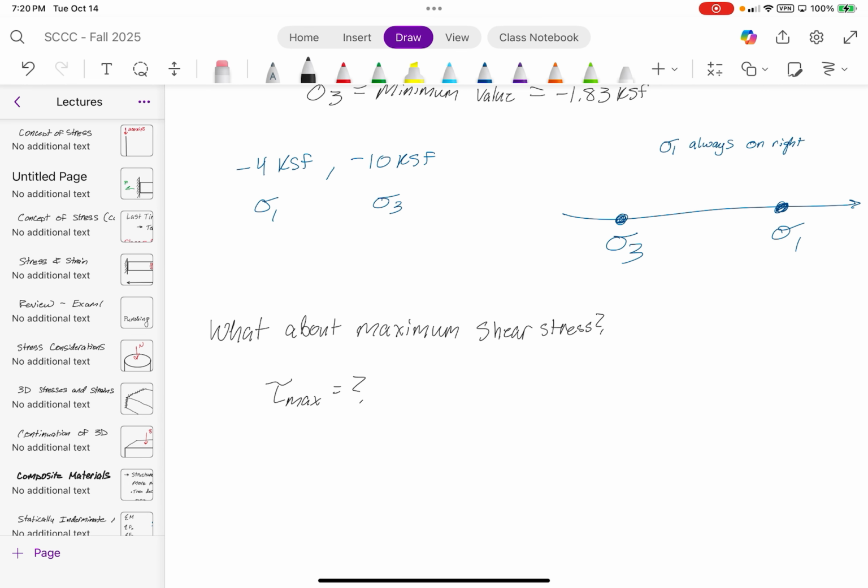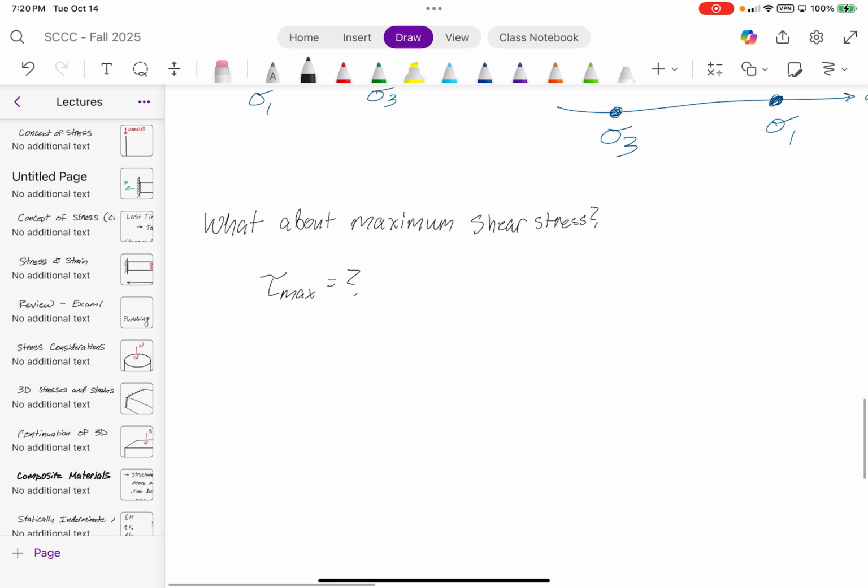We know the principal angle and the principal stresses associated with that angle. Now, when it comes to the maximum shear stress, that's also going to occur at a particular rotation, some orientation on our material. Like if we rotated the block, we would get to some point where only shear stresses occur. Do you guys agree with me on that?